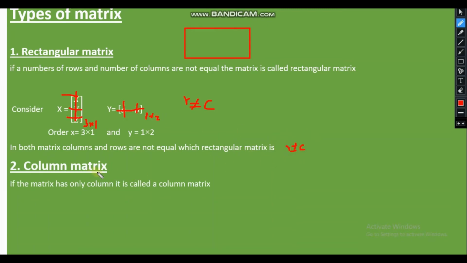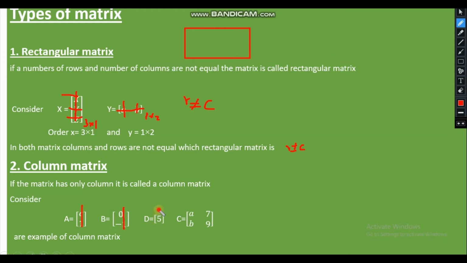Next, column matrices. You have already understood rectangular matrices. Now, if a matrix has only one column, it's called a column matrix. Consider A is equal to C1, which means one column. Here again one column.